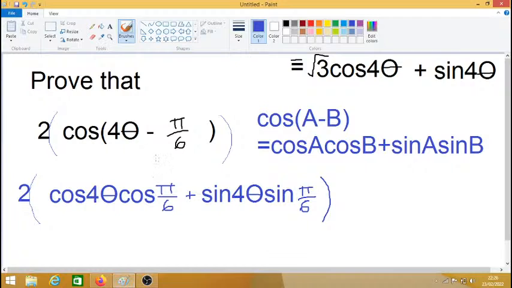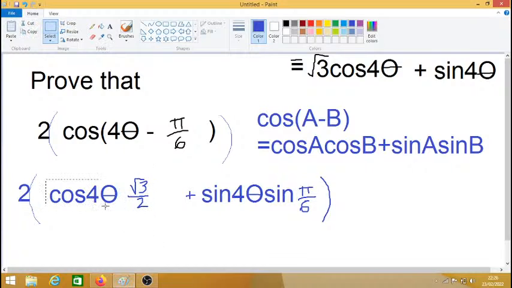So if you type in cos this bit here, so that's the cos pi over 6, if you want to type that in and see what that gives you, you should find it gives you root 3 over 2. So we can replace the cos pi over 6 with something that's much easier to work with, which is root 3 over 2.